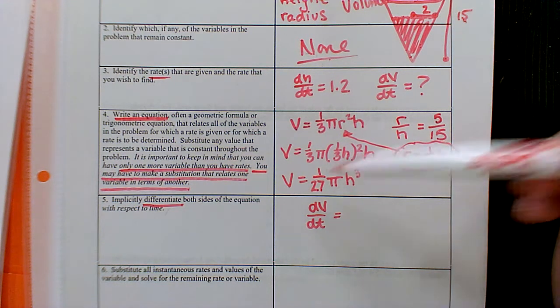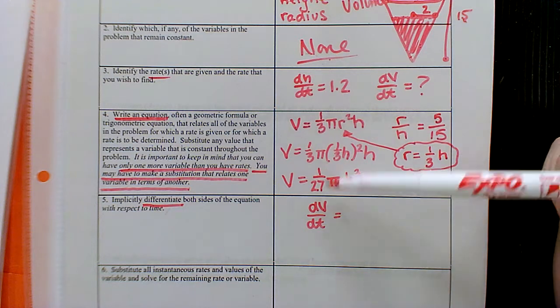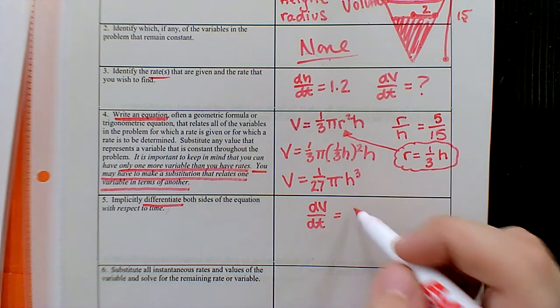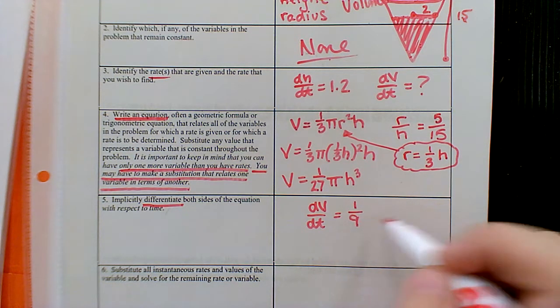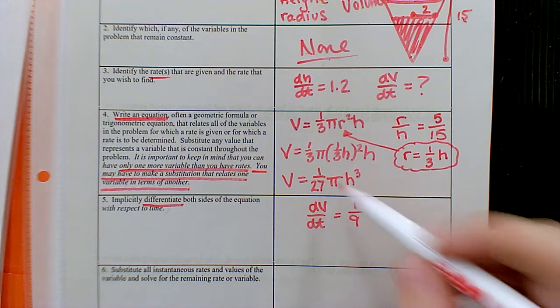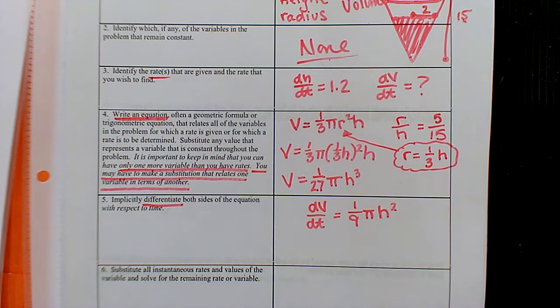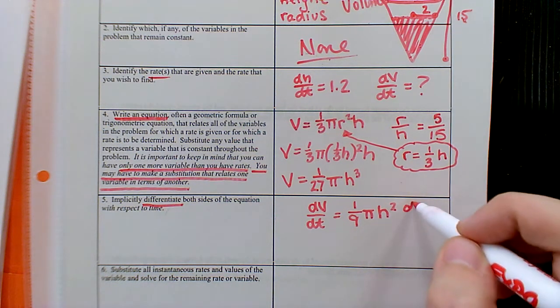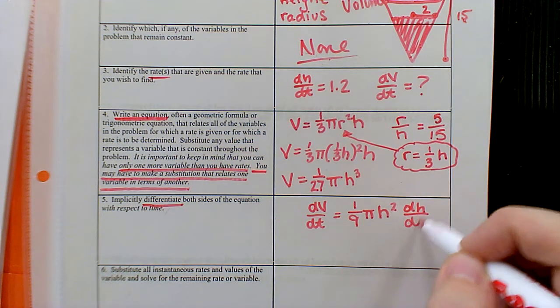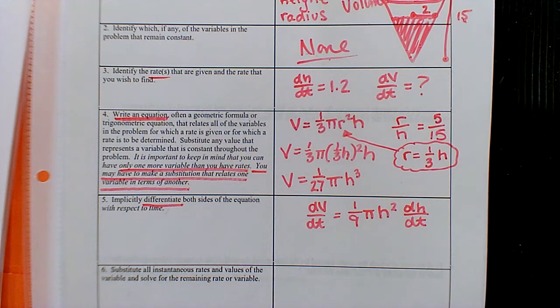If we bring down the 3, we would have a 3 over 27, which can simplify to 1/9. We still have the pi. We now have an h squared because we take 1 away from the power. And we took the derivative of an h variable, so we need dh over dt.